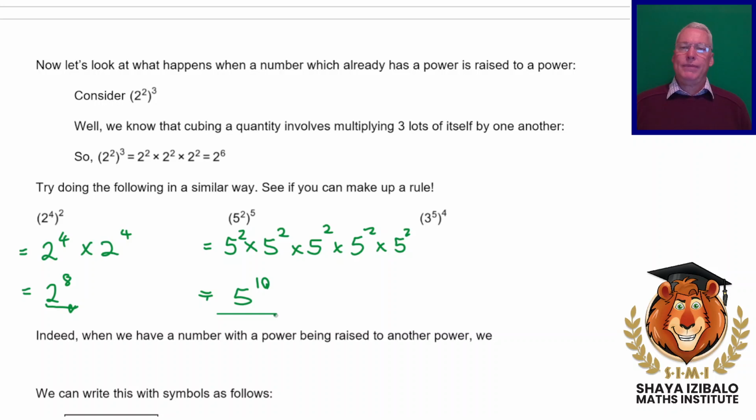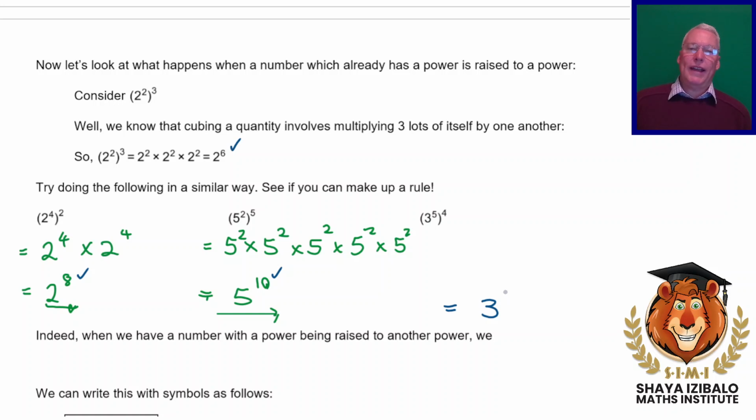Right, let's look at the last one. 3 to the 5 to the power of 4. What do we think the final answer is going to be? It looks like we're going to get the answer by multiplying these two powers. Look at that, 2 times 5 is 10, 2 times 4 is 8, and 2 times 3 is 6.